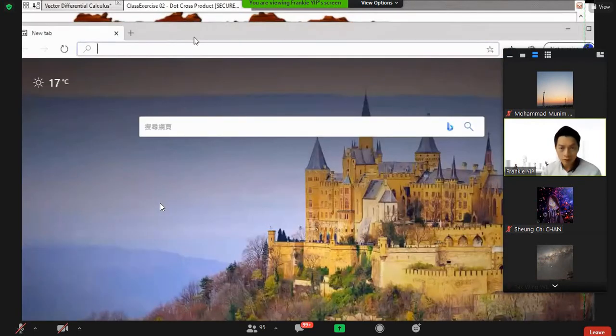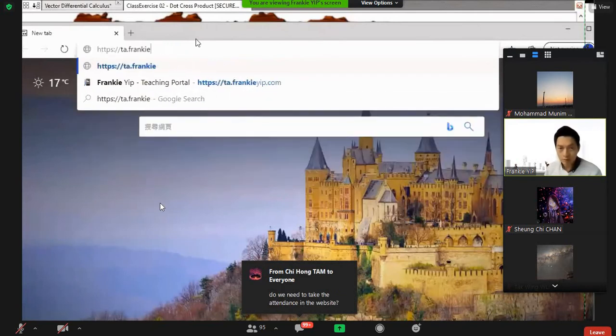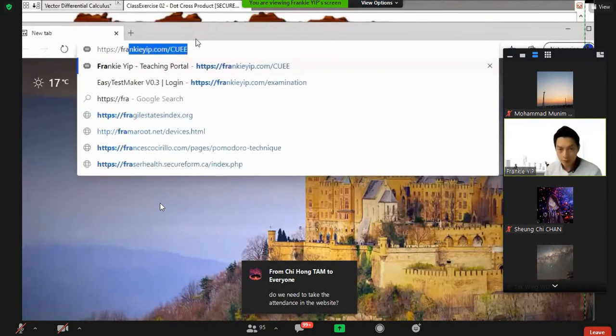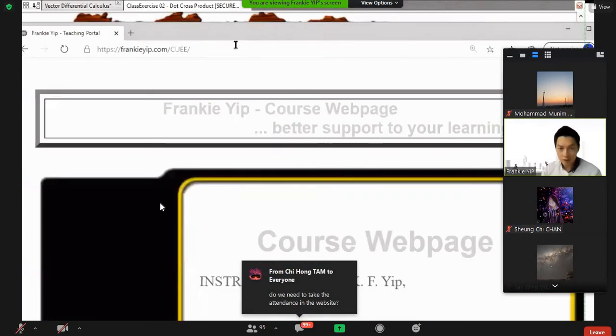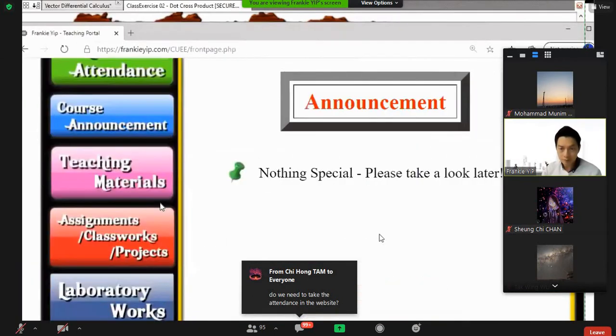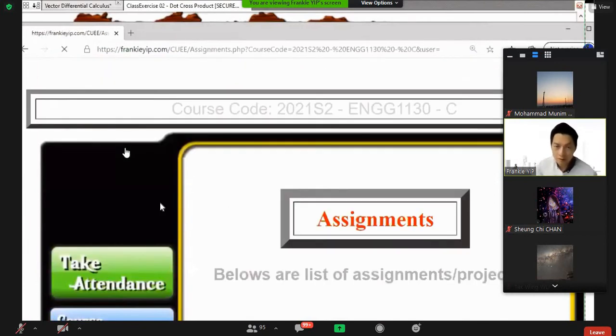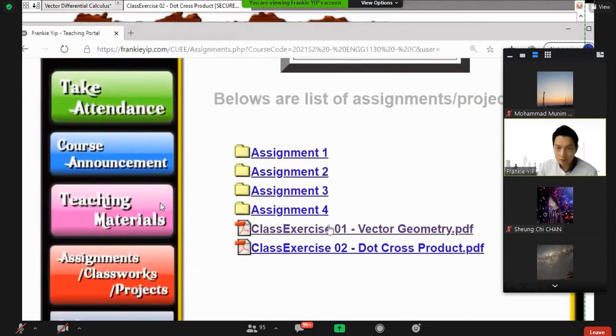Okay, all together, check this out. Go to my web to download if you cannot get it from the chat room. It's over here under assignment. Can you see that? We have the dot cross product. So you click on this.